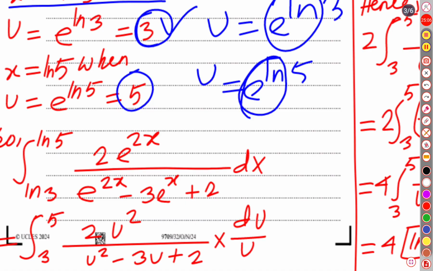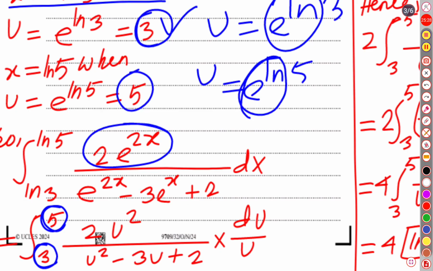If we substitute e raised to x with u, then what will happen? In terms of u our lower limit is 3, and our upper limit is 5. So we have written the upper and lower limits, and this one is in terms of x.